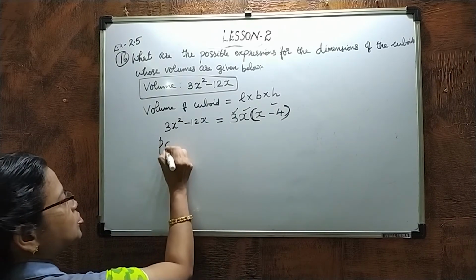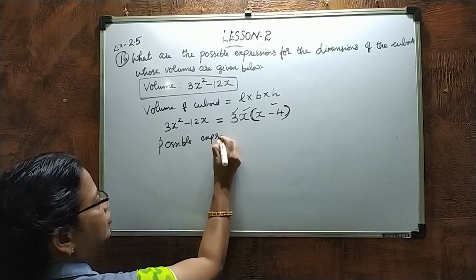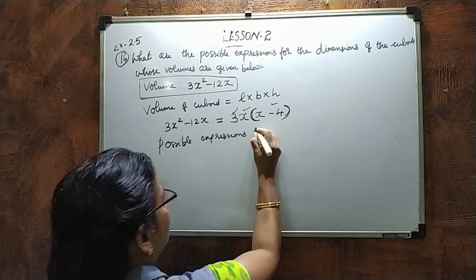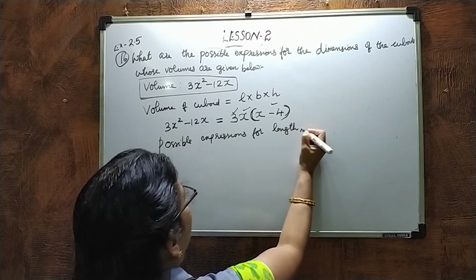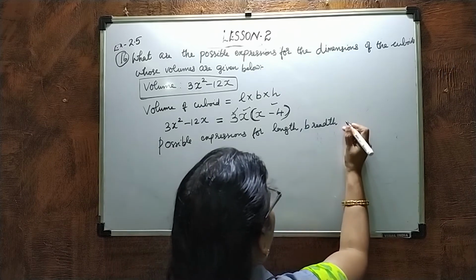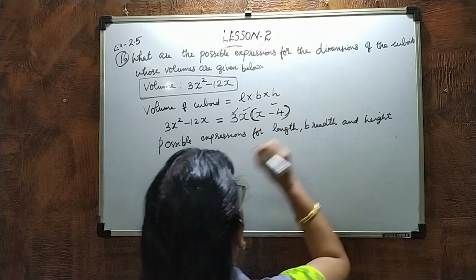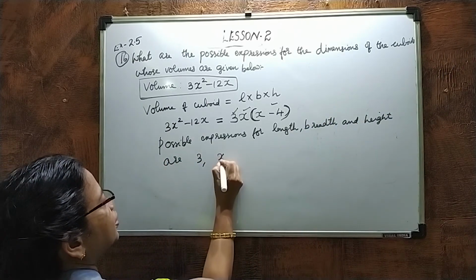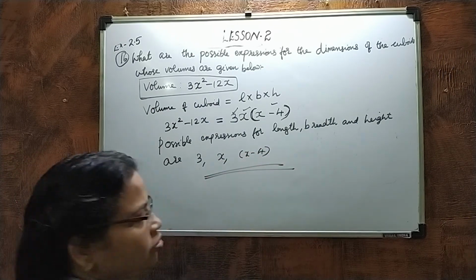So the possible expressions for length, breadth, height are 3x and x minus 4. Okay, this is the answer.